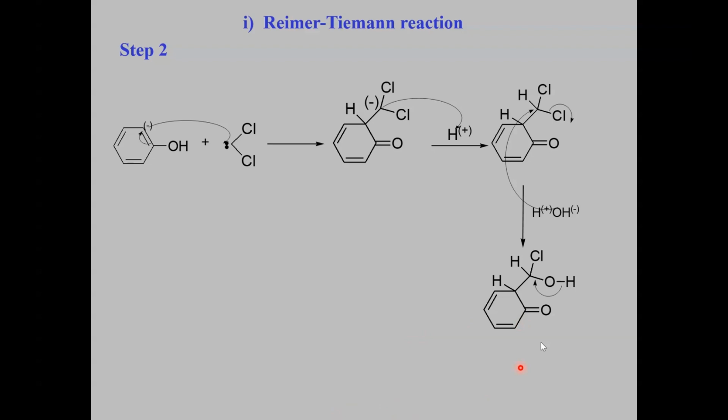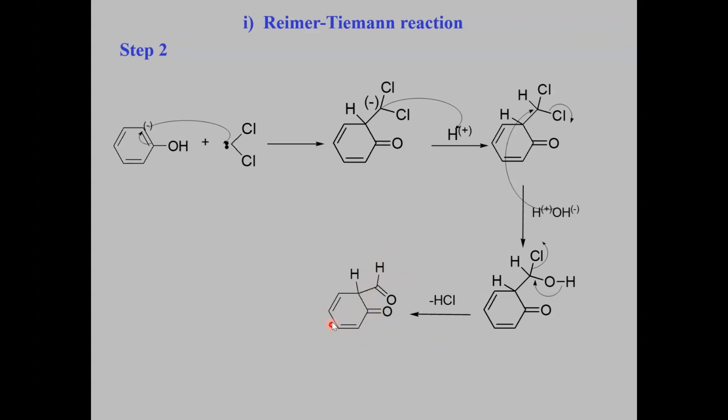The electrons of the OH bond break, and this forms the bond with carbon, and it has to maintain its tetravalency, and chlorine gets kicked off, and it gives rise to H plus and Cl minus. They combine together and are lost as HCl, and it gives rise to the salicylaldehyde group. Aldehydic group attached to this ortho position.